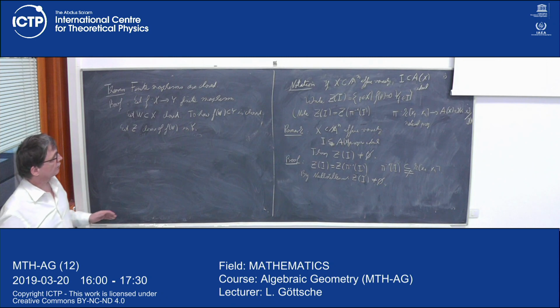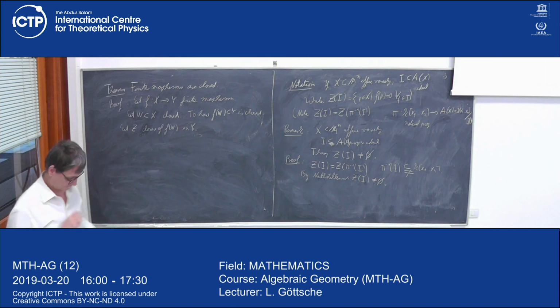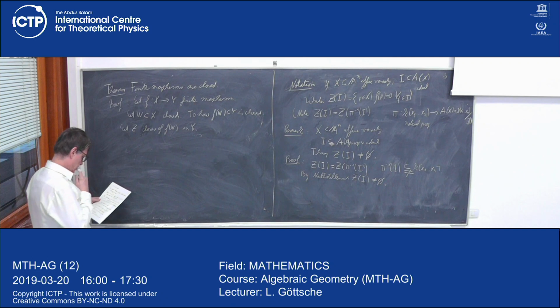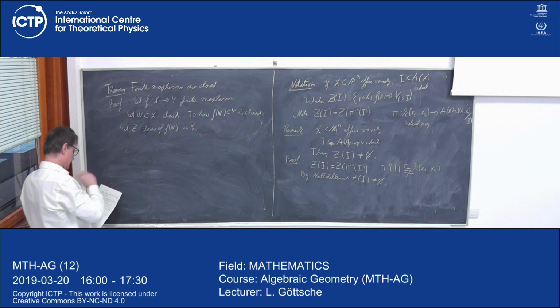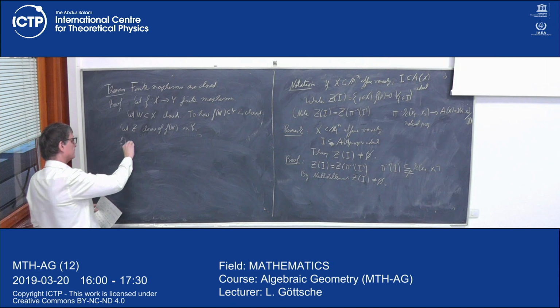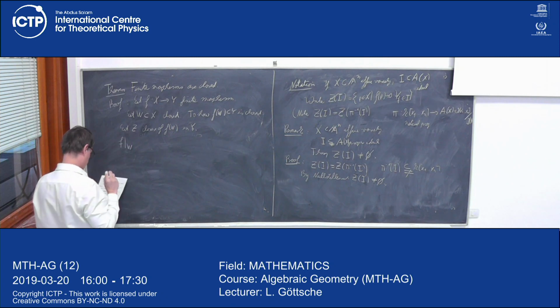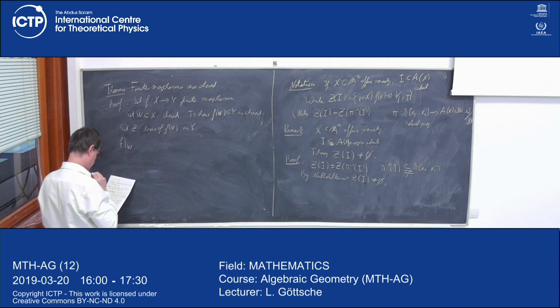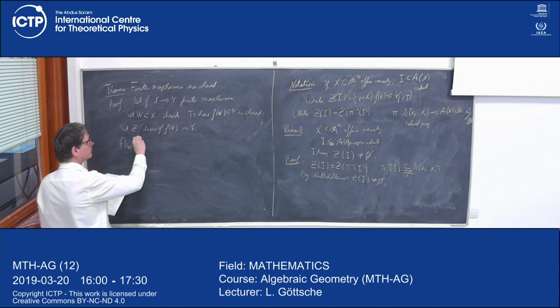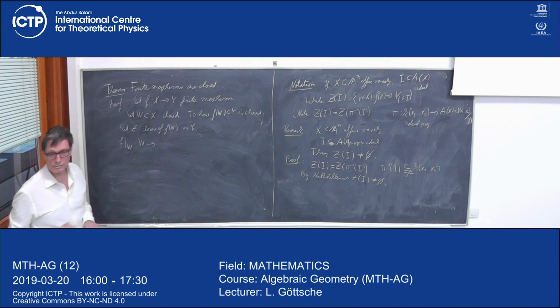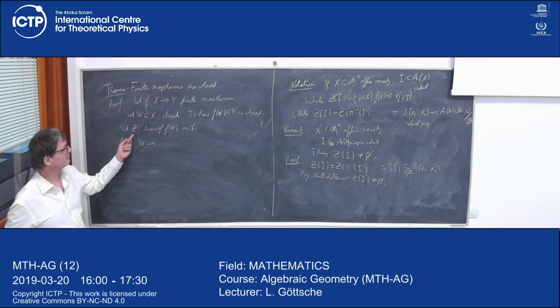Then instead we have to show that f(W) is equal to Z. And notice, by what we just said, if we take f restricted to W, we can consider it as a map from W to Z, since we want an affine variety.